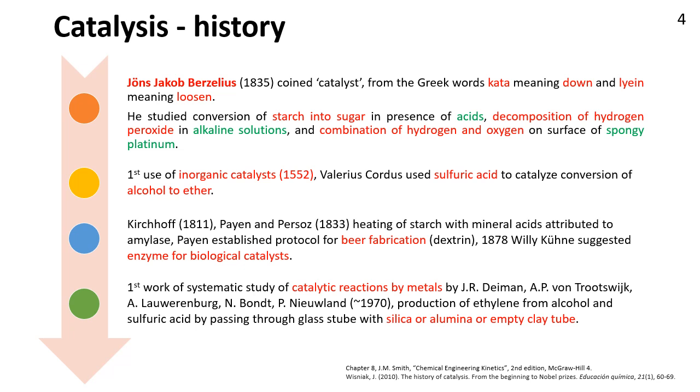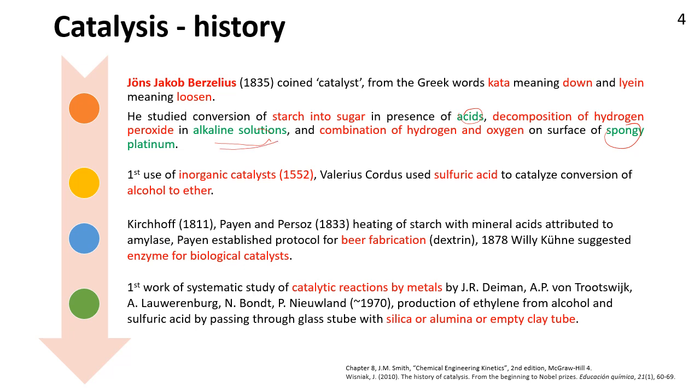He also worked on several reactions such as the conversion of starch into sugar in the presence of acids, the decomposition of hydrogen peroxide in alkaline solutions, and the combination of hydrogen and oxygen on spongy platinum. What he observed was that when he added these compounds such as acids, alkaline solutions, and spongy platinum, he was able to increase the rate of reaction. But after the reaction completed, he was able to recover these compounds.